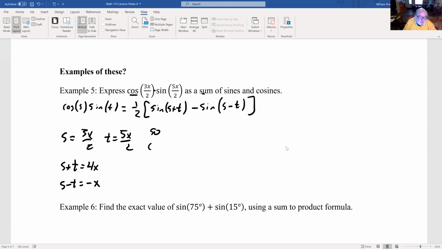So cosine of 3x over 2 times sine of 5x over 2 is equal to 1/2 sine of s plus t, but that's just 4x, sine of 4x, minus sine of minus x, because that's my s minus t.